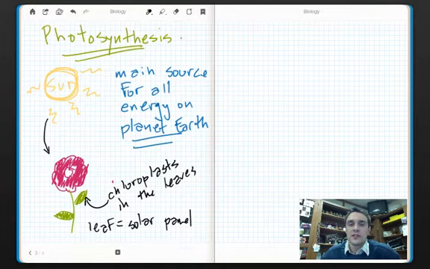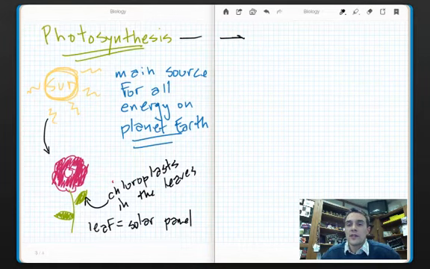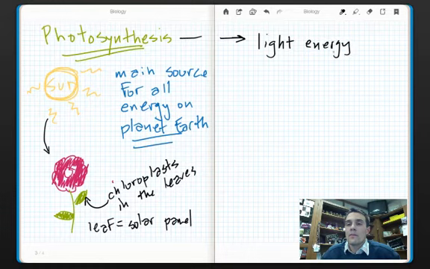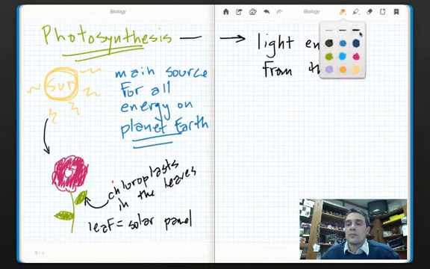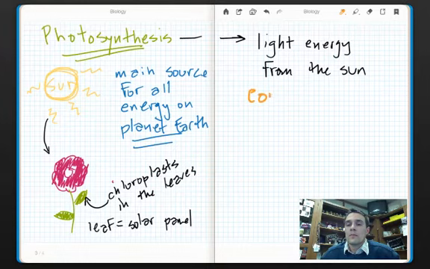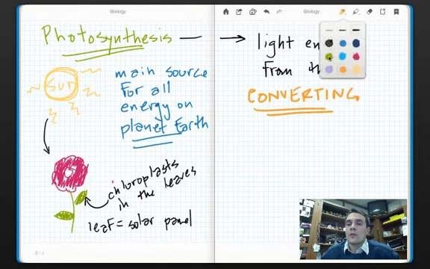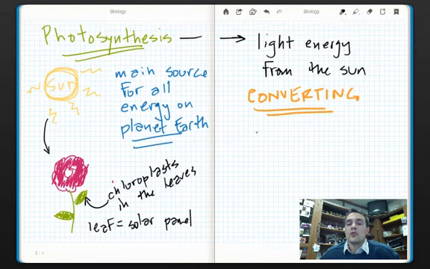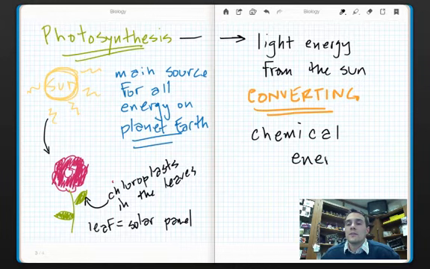So photosynthesis, in turn, becomes this process of basically taking light energy from the sun and converting it to chemical energy.